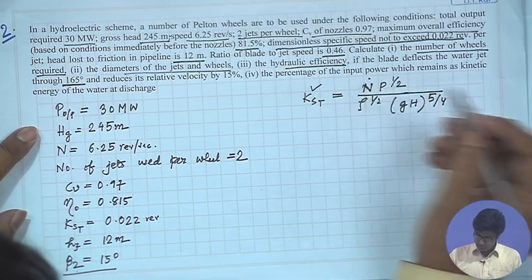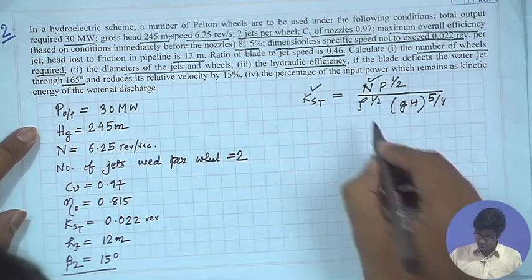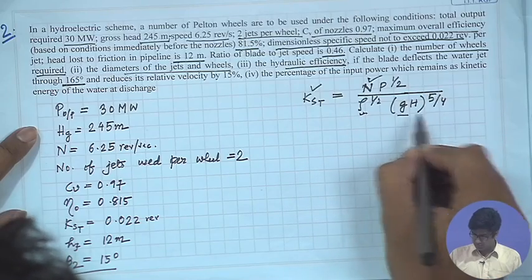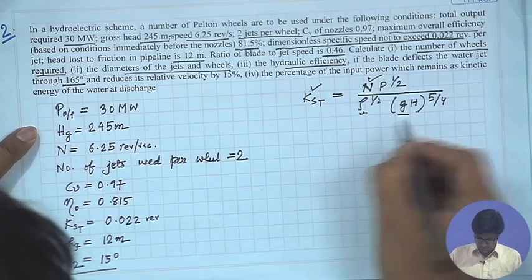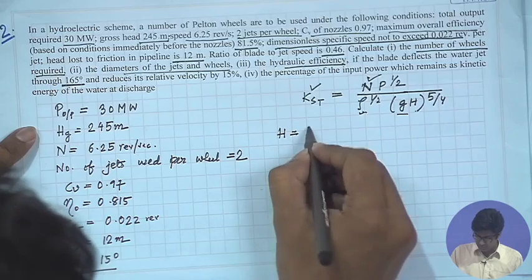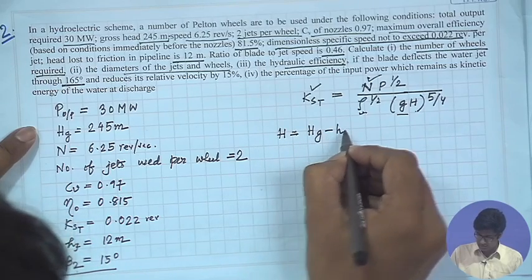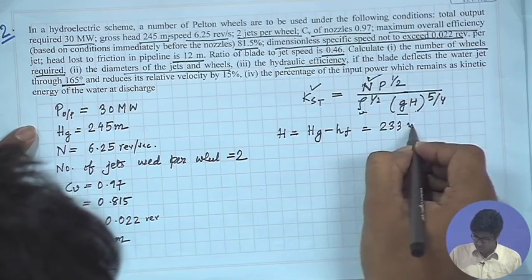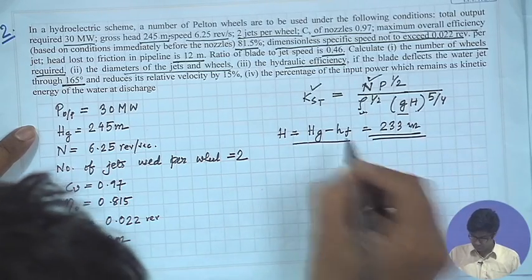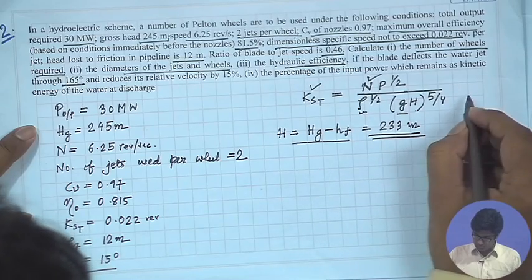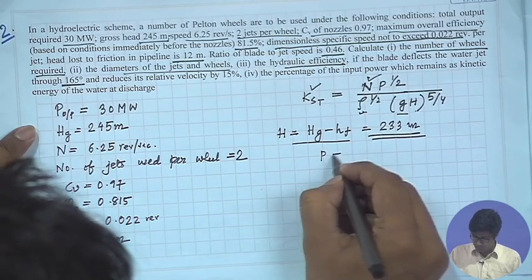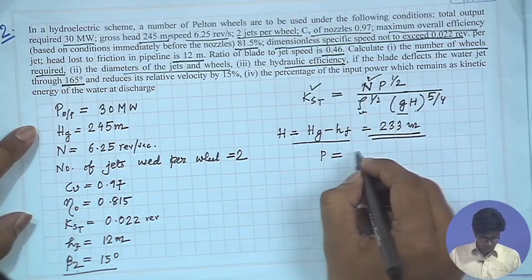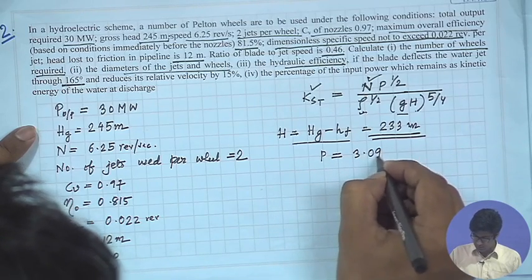The rotational speed of the runner is also given. We know the value of the density of water, we know the value of g and h. This h is the net head available at inlet, which is the gross head minus the frictional head loss, that is 233 meter. So, from this we can find out the power required per wheel for each jet, and if we put the values, it comes out to be 3.09 megawatt.